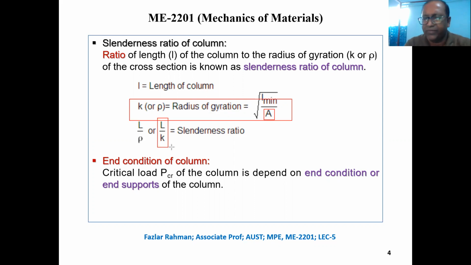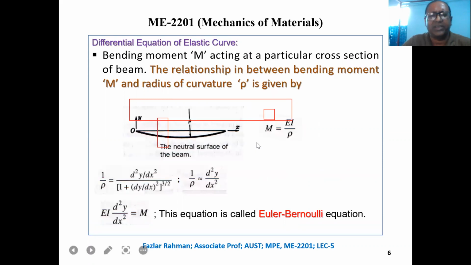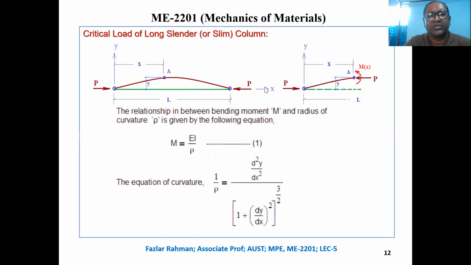And another thing: the critical load of the column depends on the end condition of the column. End condition means both ends of the column might be on pin supports, or both ends might be on fixed supports.